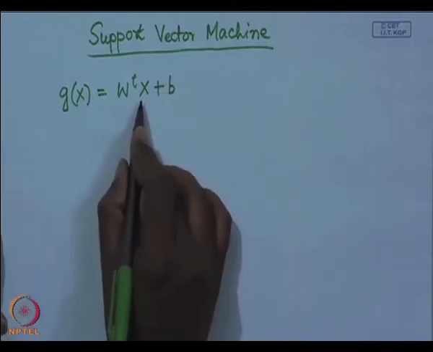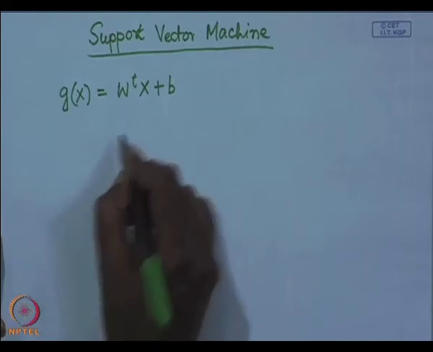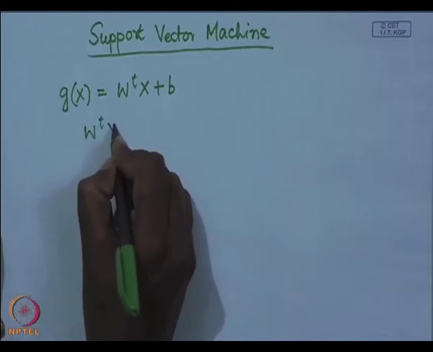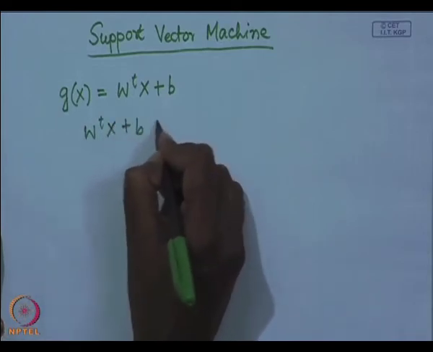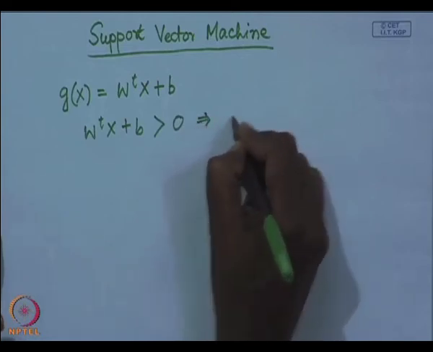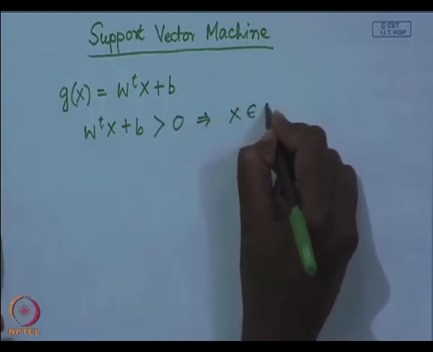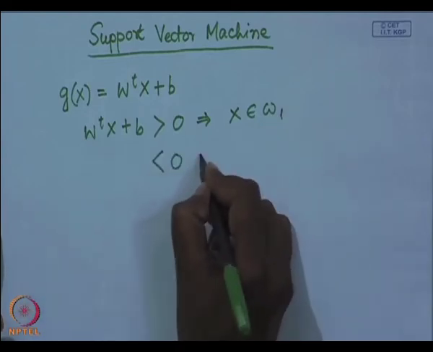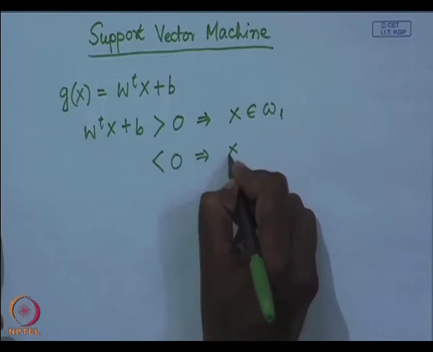And we have said in case of linear discriminator that if this g of x, or w transpose x plus b, is greater than 0, that indicates that feature vector x belongs to class omega 1, and if this is less than 0, then feature vector x belongs to class omega 2.